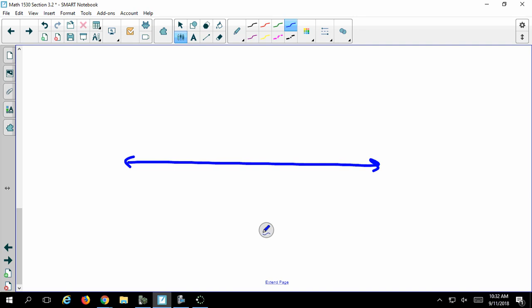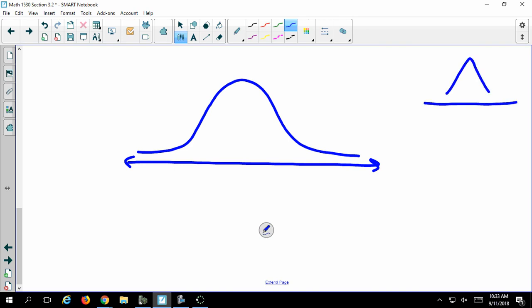It's not a V or a U. It's a bell, which means you have to kind of curve up and then curve down and then curve up like that. None of this stuff and not that. It's got this shape. And it doesn't have to be perfect. It just needs to look sort of like it's supposed to look.